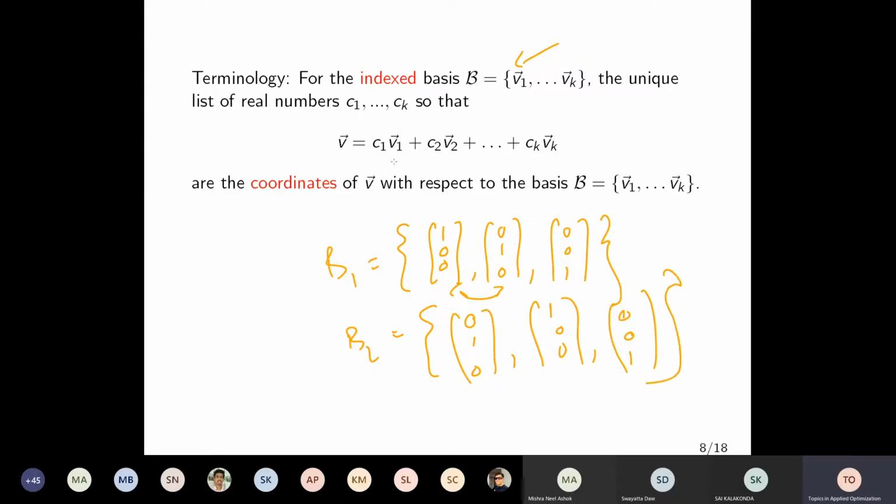In the coordinates we naturally come up with the ordering c1, c2, ..., ck. So if I flip one of my basis vectors, these coordinates must be interchanged accordingly: c2, c1 and then ck. So the ordering matters for the coordinates. Obviously, trivially we consider it like this: (1, 0, 0), then (0, 1, 0) and so on.